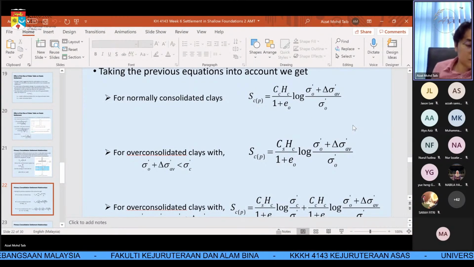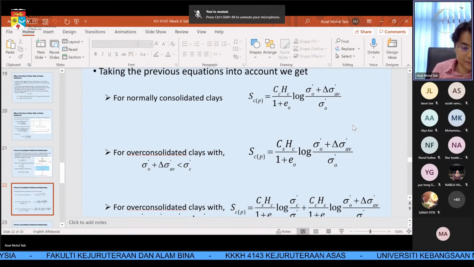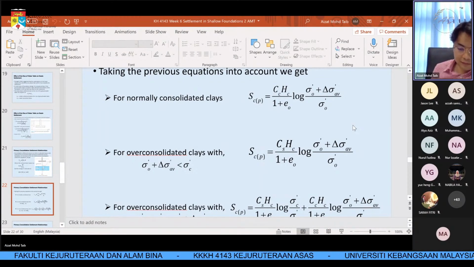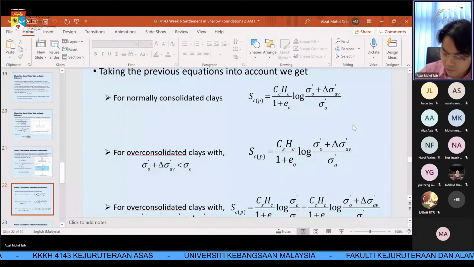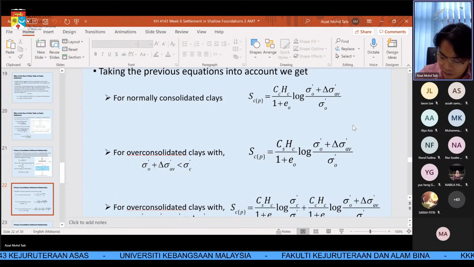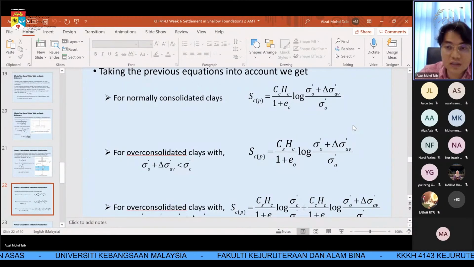Aduh. Cakap apa? Settlement. Okay, so Δσ'av is average increase in effective pressure on the clay layer caused by the construction of the foundation. So average increase, okay, is Δσ'av.